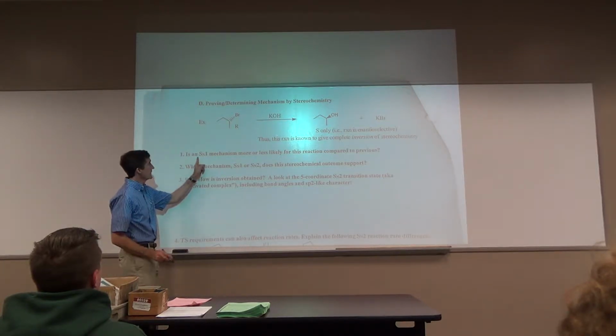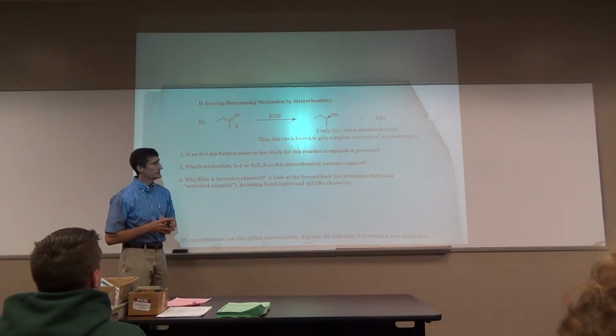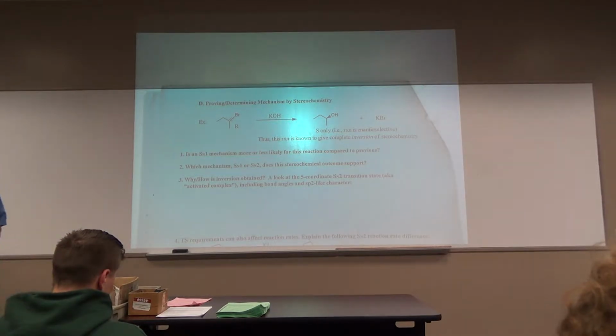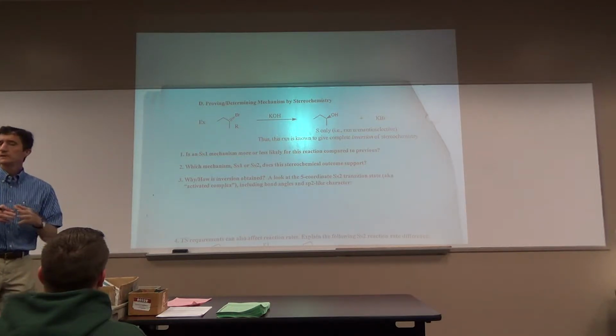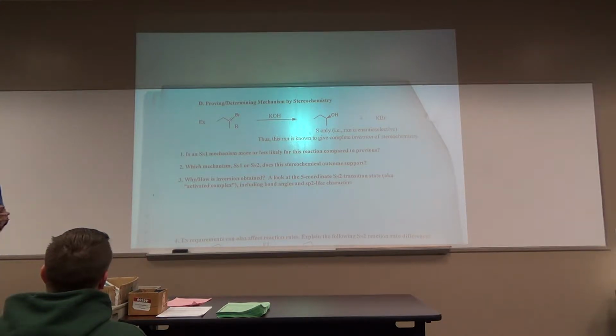Question. Is an SN1 mechanism more or less likely for this reaction compared to the previous one? Less. The question is a little bit vague, because you're focusing on stereochemistry. If you form a carbocation, the hydroxide can attack it from either direction.